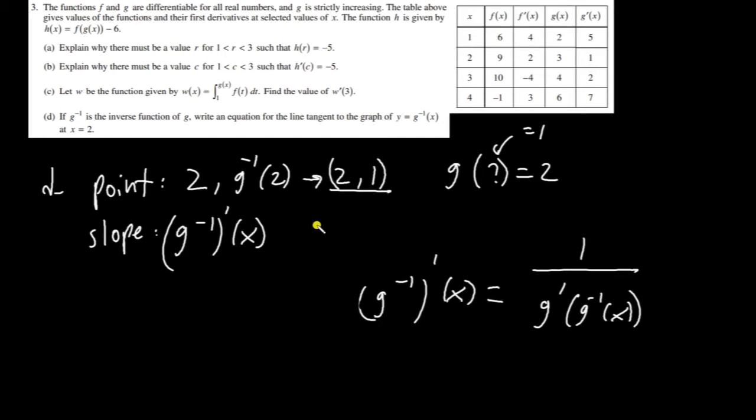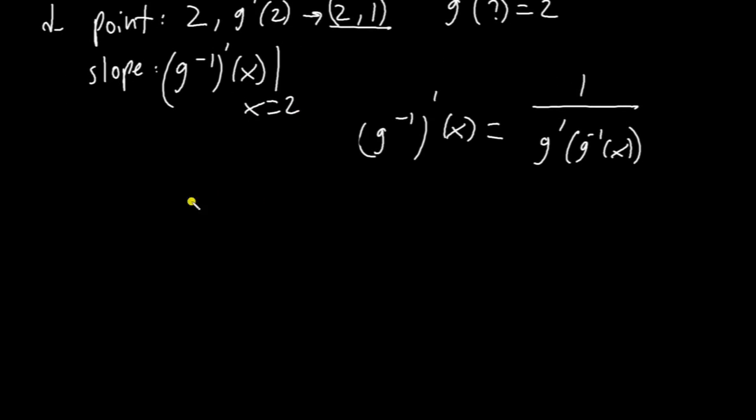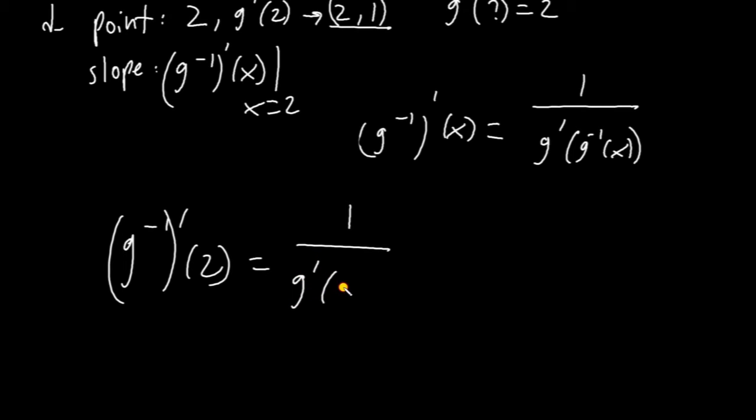So now we want to figure out the slope at x equals 2, right? So to figure that out, g negative 1 prime of 2 is going to be equal to 1 over g prime of g negative 1 of 2.